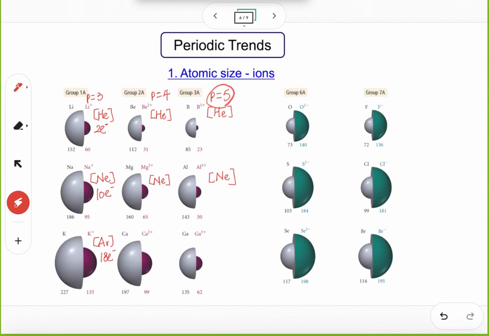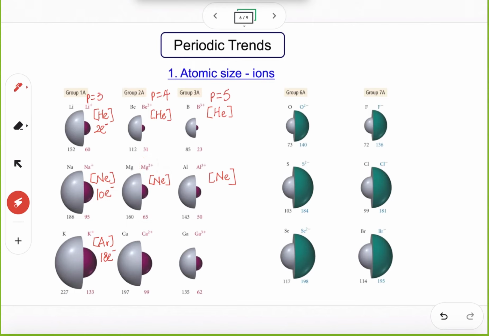So those 5 protons will pull the 2 electrons towards the center. So the boron 3+ will have a smaller size, and the lithium+ has a larger size than the other 2.